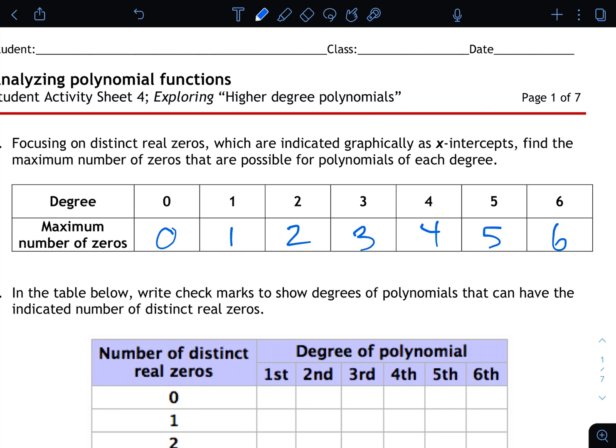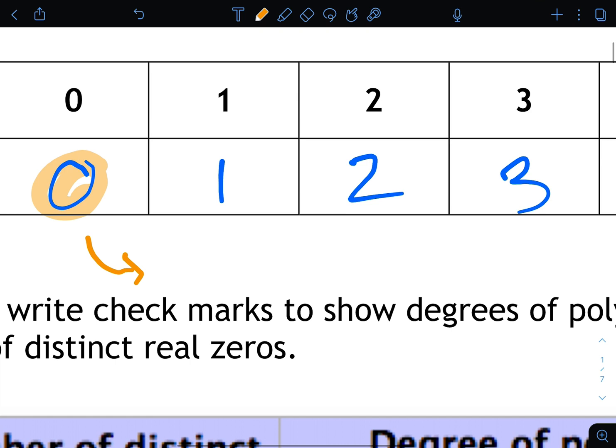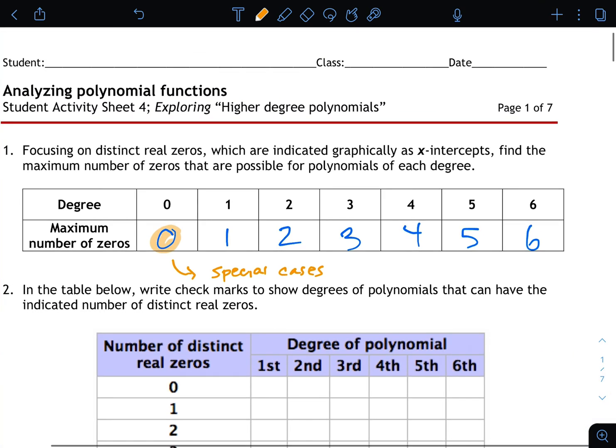So for a 0 degree, there are certain special cases, so if you want to, you can make a note to yourself that there are special cases that exist, but in general, it can have 0 zeros.